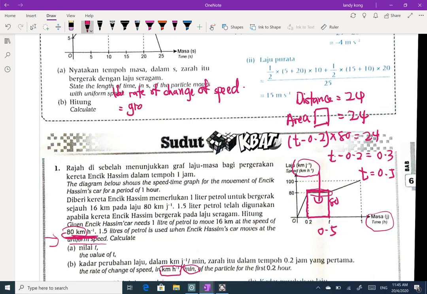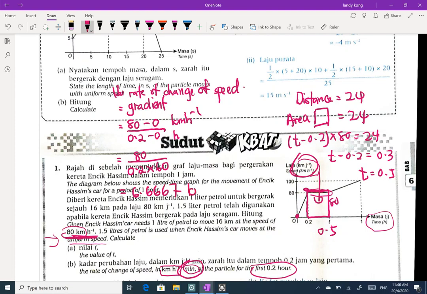So the gradient of the first 0.2 hours: gradient is 80 minus 0 over 0.2 minus 0. This one is kilometers per hour, this one is hours. But I want minutes. So it's 80, and hour changed to minutes is times 60. So at the end you will get 6.6667 kilometers per hour per minute.